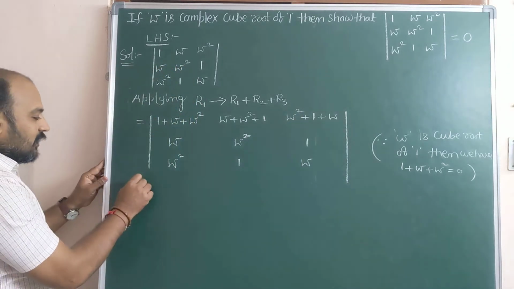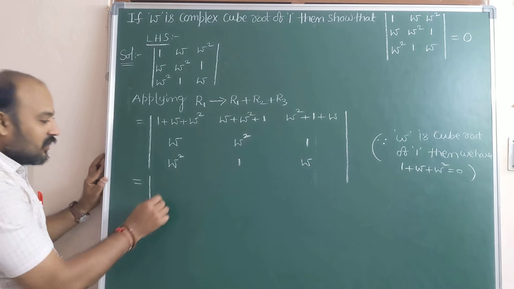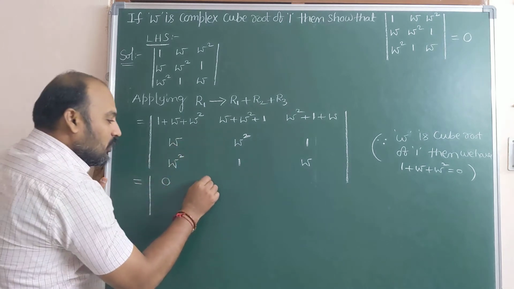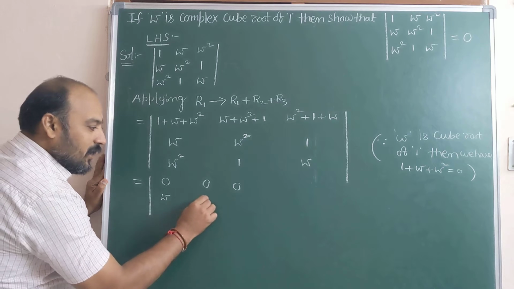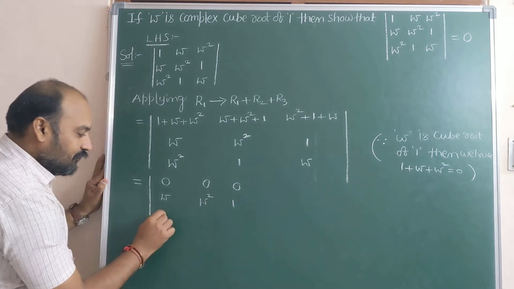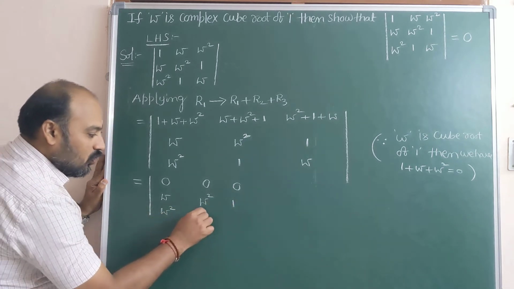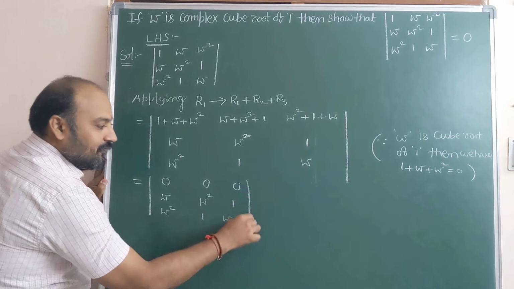So this determinant becomes 0, 0, 0, omega square, 1, omega square, 1, omega.